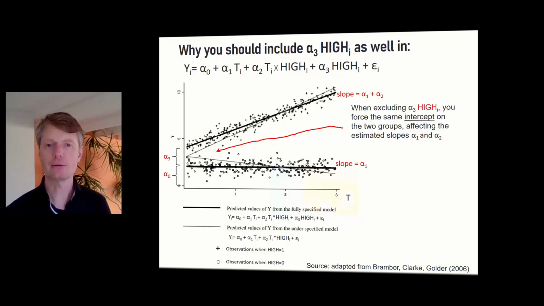Only when we allow the intercept to be different can we estimate the two correct slopes. One slope for the high is 1 group, alpha 1 plus alpha 2, and the slope for the high is 0 group, alpha 1. So never forget to include all constituent terms when interacting your treatment dummy.